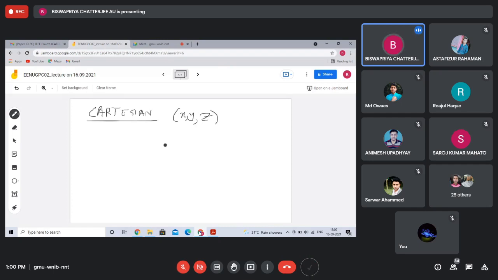Any answer will be welcome. What will happen if x remains constant? What will happen if y remains constant? And what will happen if z remains constant?